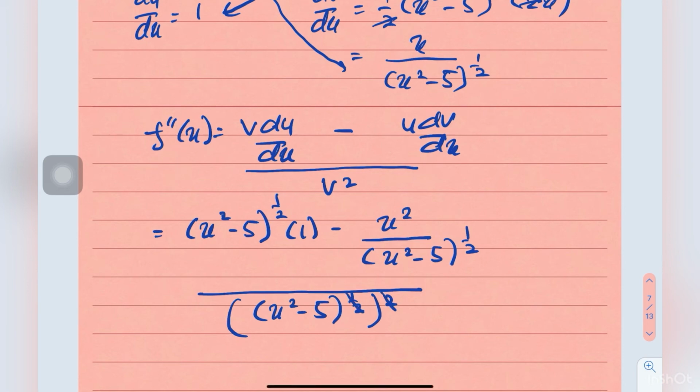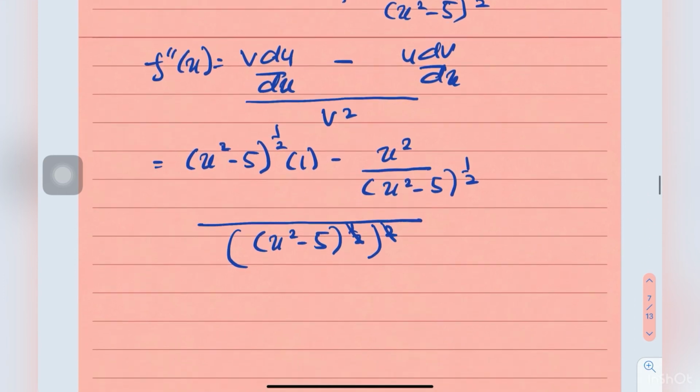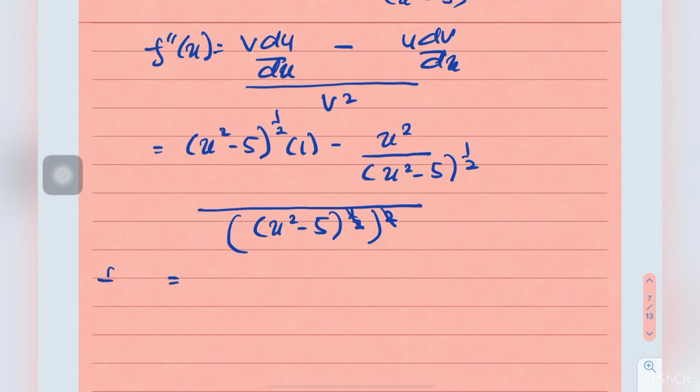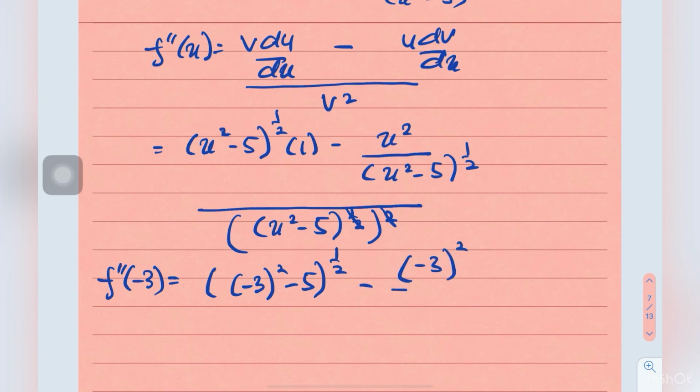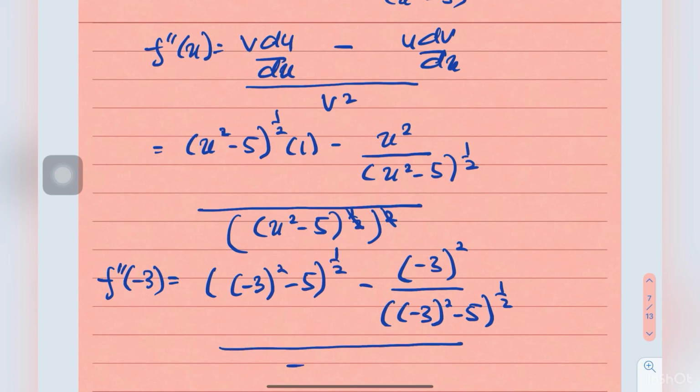Then the value of x is negative 3, so you substitute into this expression. f double prime negative 3: negative 3 squared minus 5 to the power of 1 over 2, minus negative 3 squared over negative 3 squared minus 5 to the power of 1 over 2, over negative 3 squared minus 5.